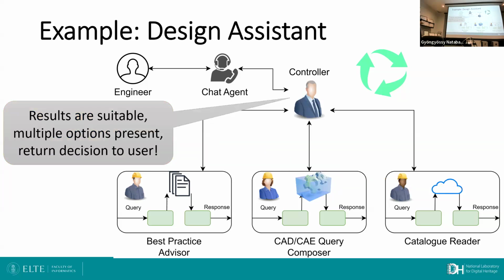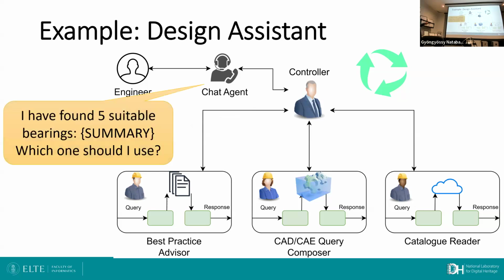And then the controller will decide that, okay, the results seem to be fine, so we can get back to the user now. We can give back the control. And then the chat agent will create a summary, for example, as a table for all the bearings, and then ask the user which one it should use. Okay, so this could be an imaginary agent-based scenario. We will try to work with these agents in a data science scenario now, so that will be the hands-on session.